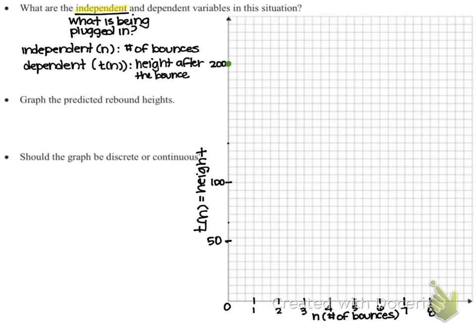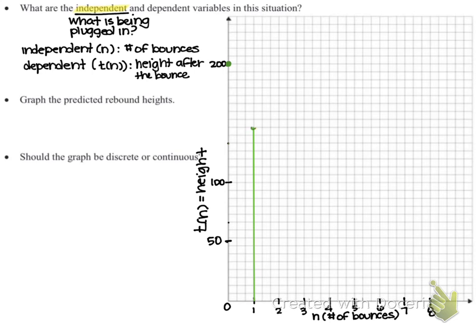So I go down to the bottom. From here, I'm going to go up till about halfway between 100 and 200, maybe a little bit less. So I would say, I don't know, somewhere right around there.